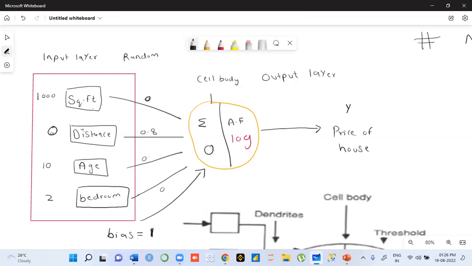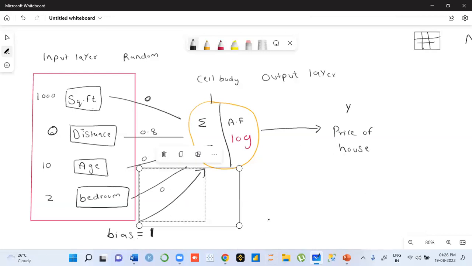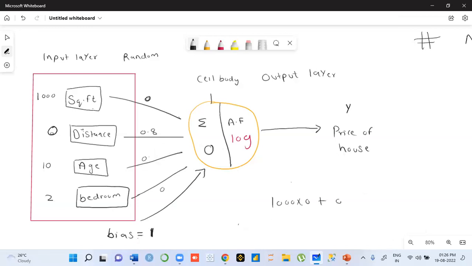All comes 0 this way, guys. When I do summation, this indicates 0 plus 0 into 0.8 plus 10 into 0 plus 2 into 0. What is the bias value? 1. What is the total, guys? Do we have 0? No. Can I say we control summation as 0 by using bias?